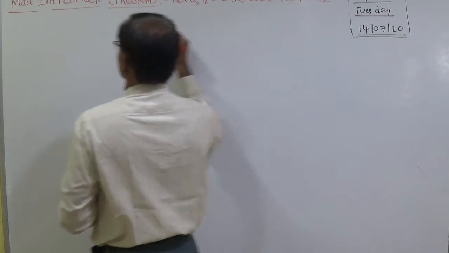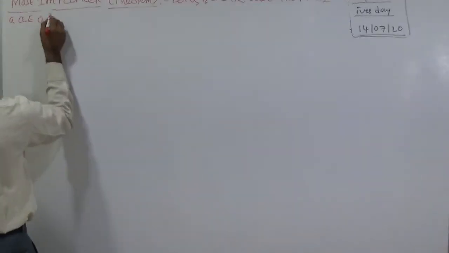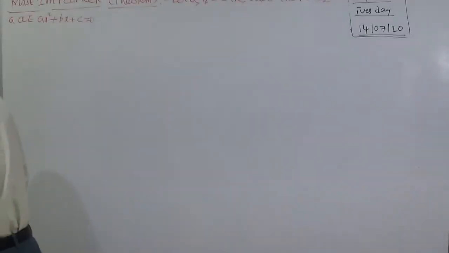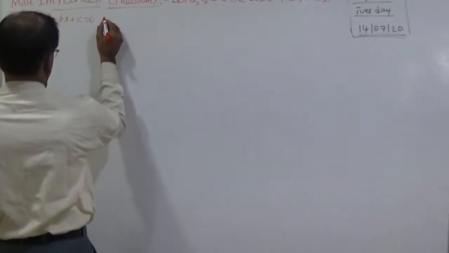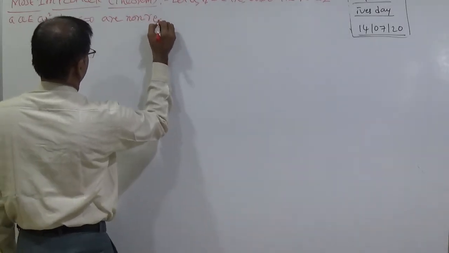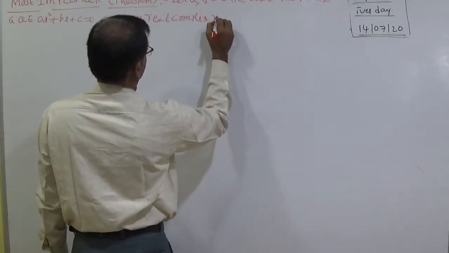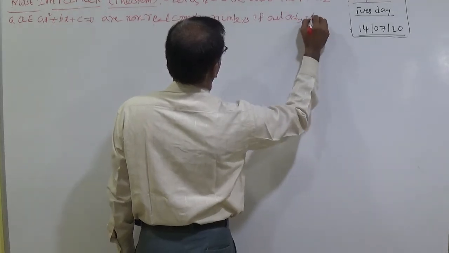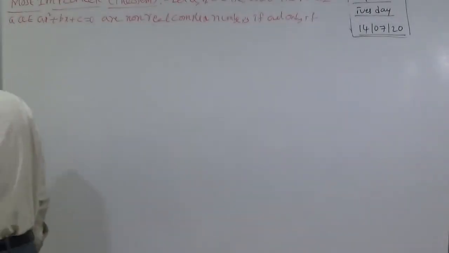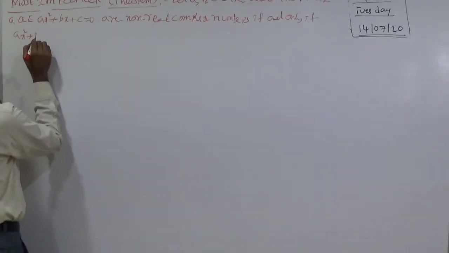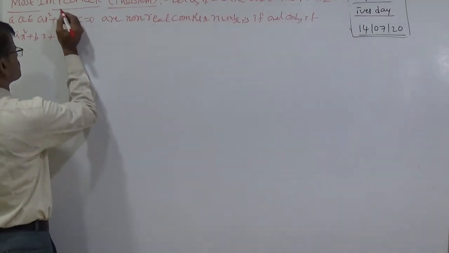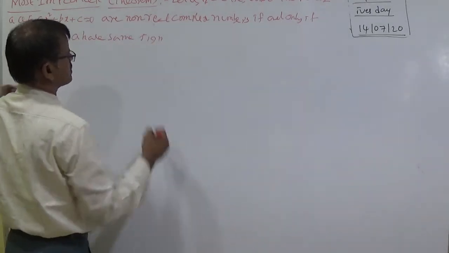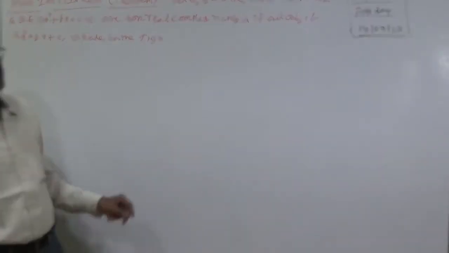The roots of a quadratic equation ax square plus bx plus c is equal to 0 are non-real complex numbers if and only if ax square plus bx plus c and a have the same sign for all x belongs to R.